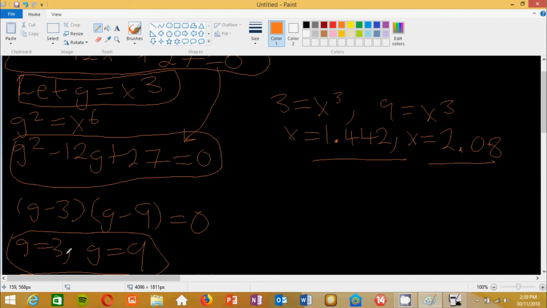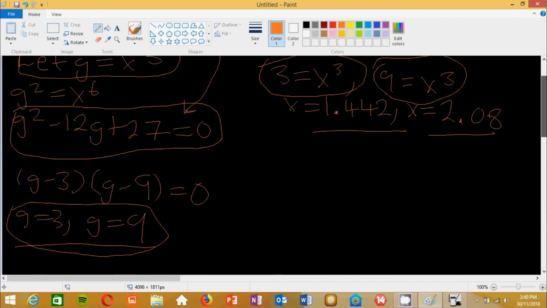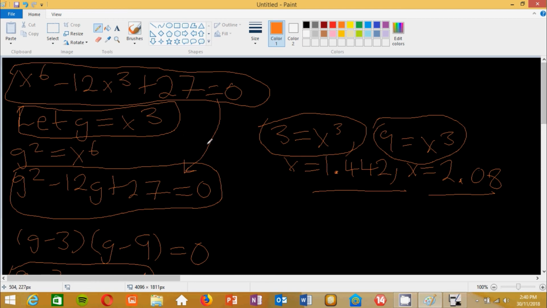If g is equal to 3, then 3 is equal to x to the power 3. If g is equal to 9, then 9 is equal to x to the power 3. Then we just use our basic exponential laws to solve for x, and we get x as 1.442 and x as 2.08. So this was another example of a disguised or hidden quadratic equation.